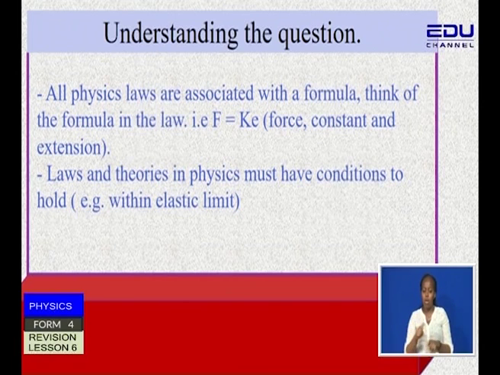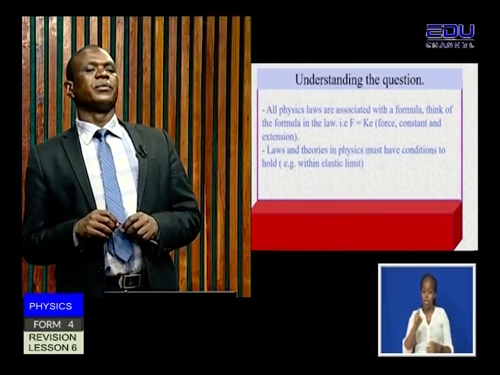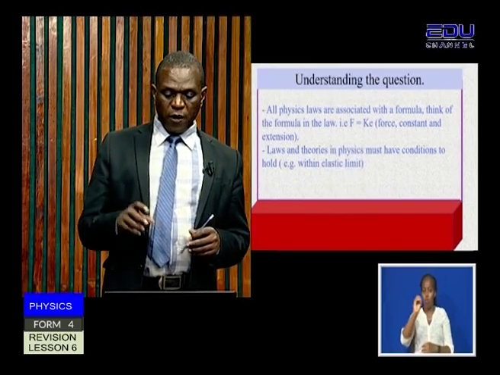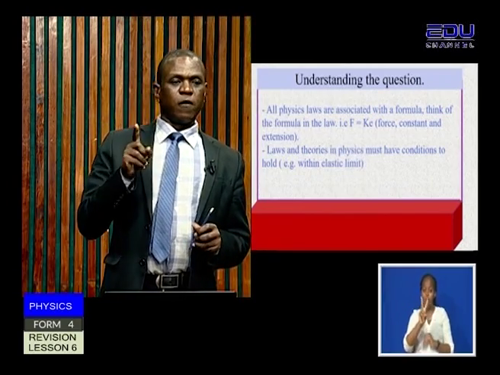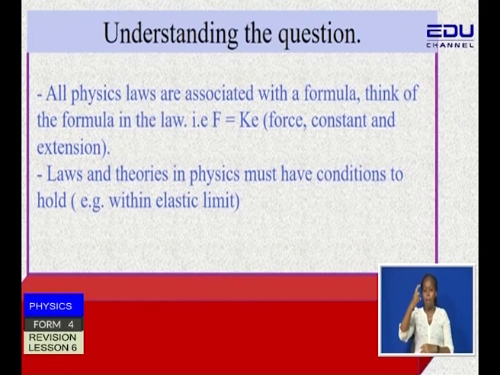Because all laws will have a condition for them to be fulfilled. So, in Hooke's law, the variables are force, extension, and then a condition is elastic limit. So, you bring all those together to form what is called Hooke's law.